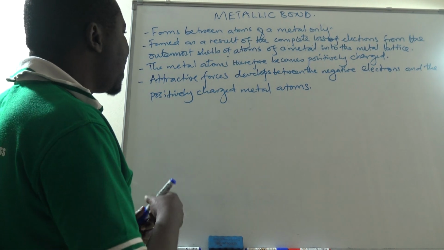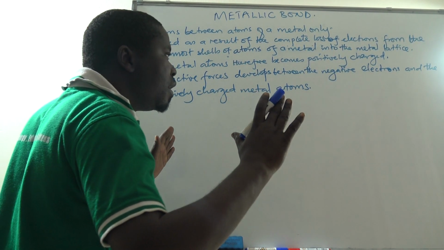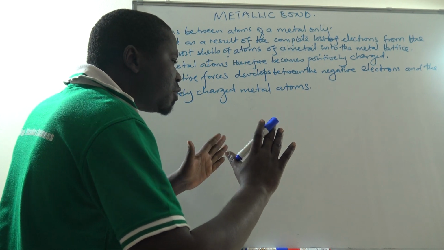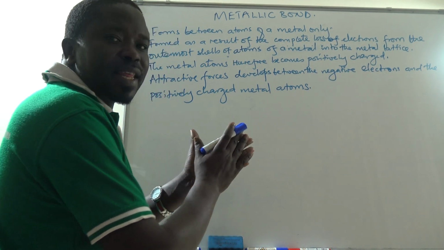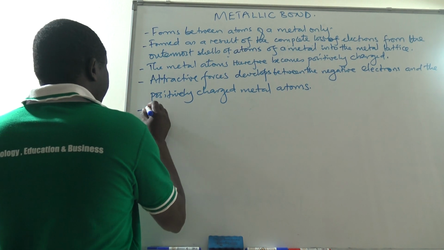So in this case, those electrons within the metal lattice are negatively charged and the metal atoms are now positively charged. So next is that the metal atoms, in an attempt to move closer to the electrons, touch one another and get bonded.